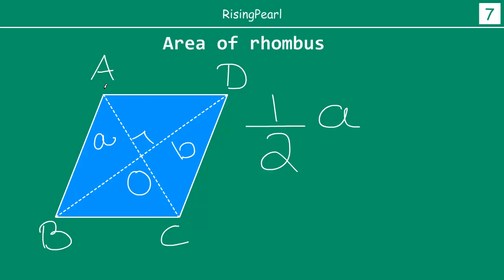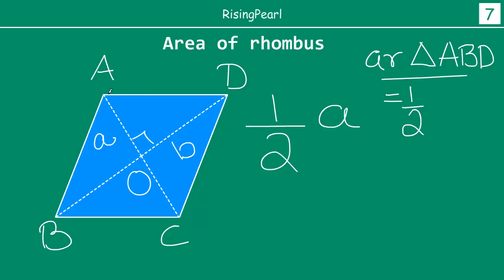So if I look at this particular triangle ABD, area of triangle ABD will be equal to half, this will be a by 2, half times a by 2 times this is b, or a times b by 4, which will be the area of ABD.